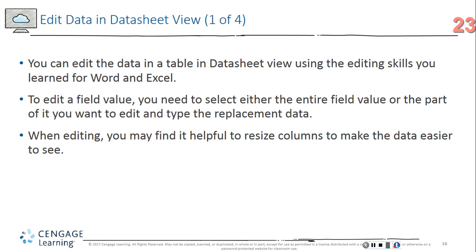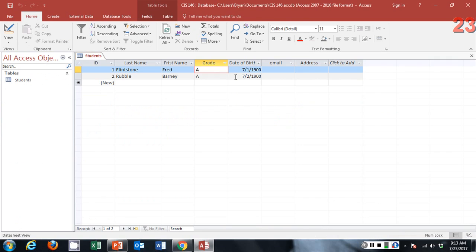Let's see, and then that last bullet, when editing, you may find it helpful to resize columns to make the data easier to see. You may recall from Microsoft Excel, if you notice I just double clicked on that margin, AutoFit we used in Microsoft Excel. You can click on the boundary between the two columns that you want to resize.